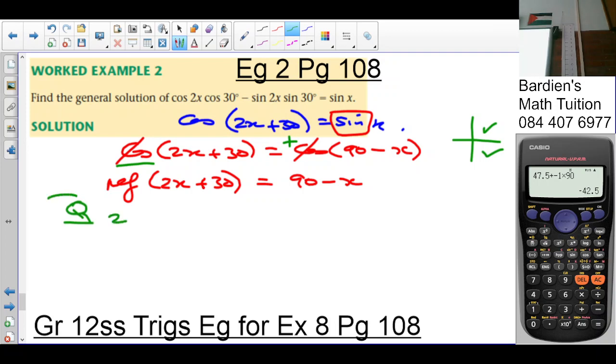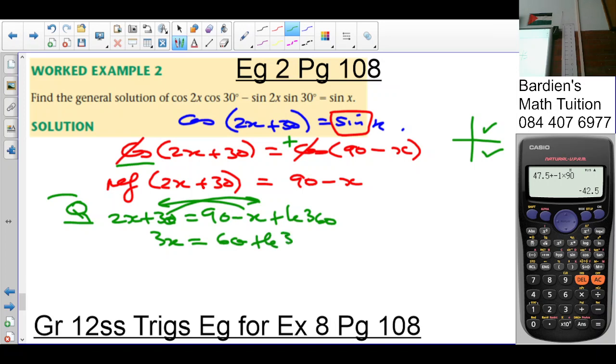It's going to be 2x plus 30 equals 90 minus x plus k times 360. Why? The period on the cos graph is 360 degrees. So now x is one side, numbers are the other side. So it's 3x is equal to 60 plus k times 360. Divided by 3. So I get 20 degrees plus k times 120, where k is an element of integers.